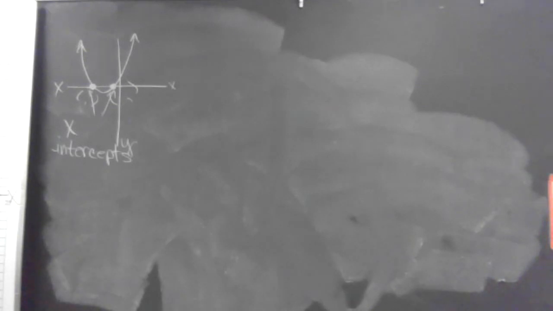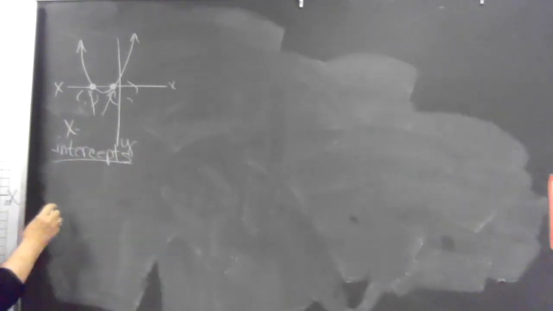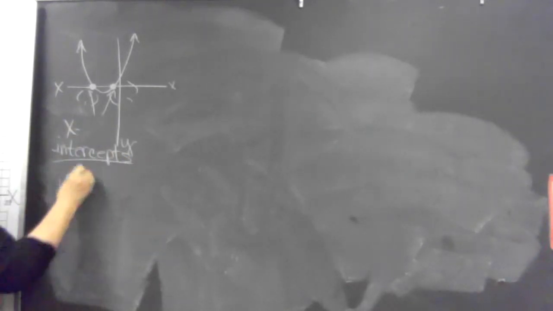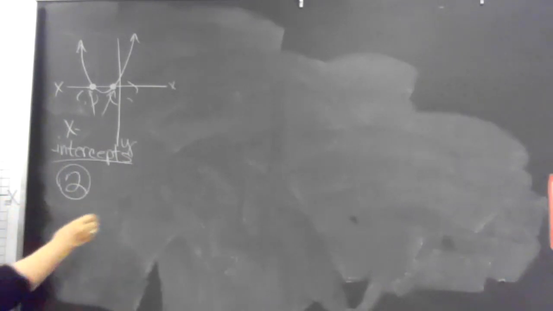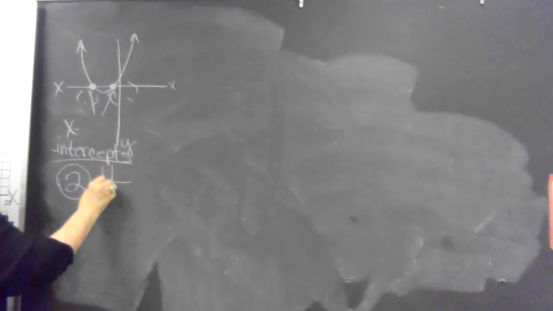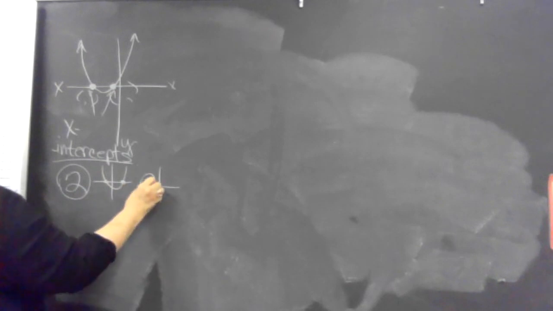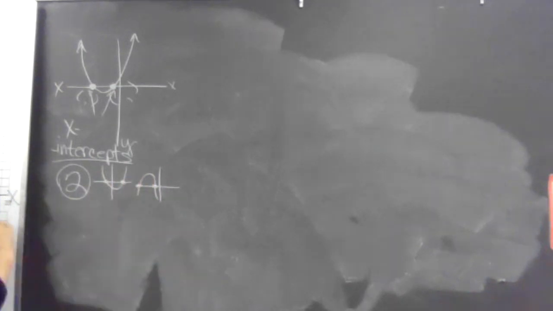Now, a parabola, most of the time, will have two x-intercepts like this. Here's an example. If it crosses here and here, there's the x-intercepts.